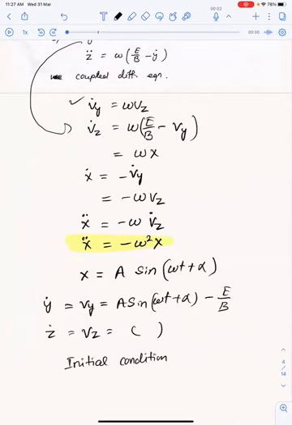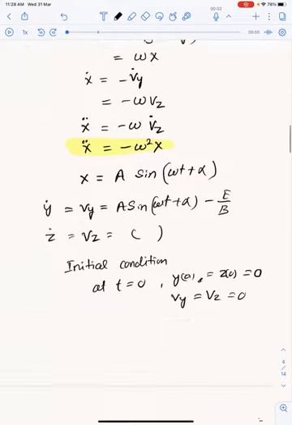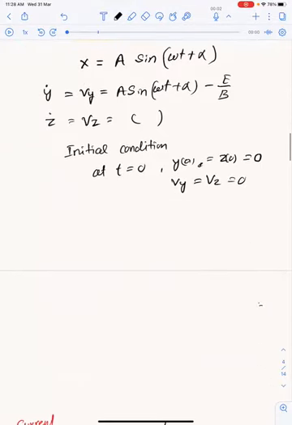So the initial conditions are, at t equal to 0, y0 equals z0 equals 0, and also vy equals vz equals 0. These are the initial conditions.